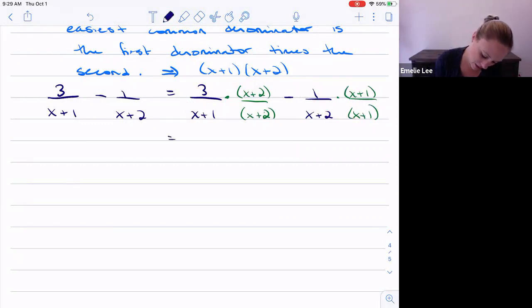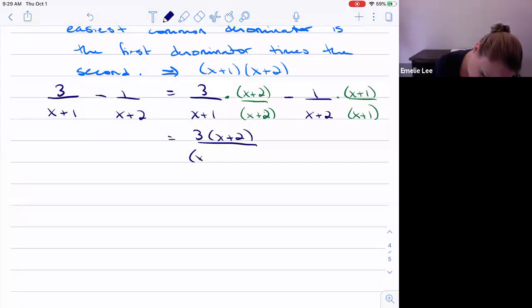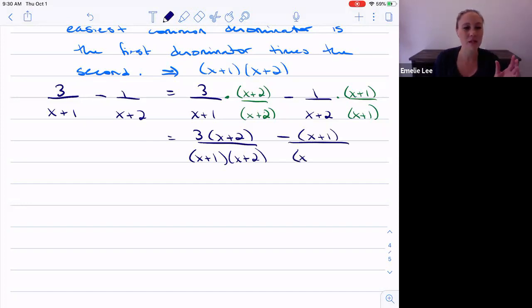And so this becomes 3 times x plus 2 over x plus 1 times x plus 2, minus x plus 1 over x plus 1 times x plus 2. I'm going to write them in the same order, just to show that they're the same, because I forced them to be the same.